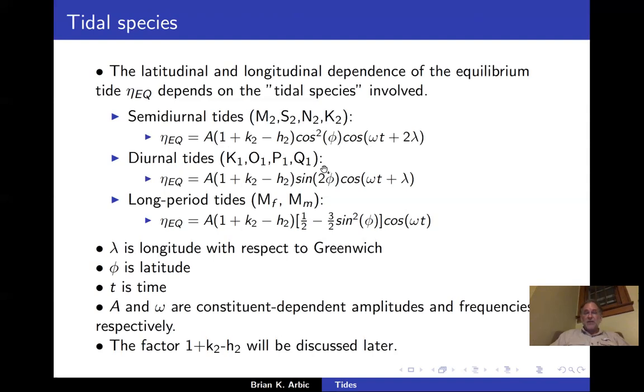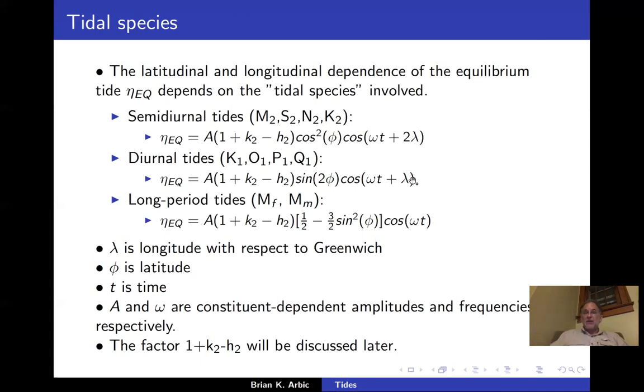For diurnal tides, it looks similar, but instead of cosine squared phi, it's sine 2 phi. And instead of twice longitude, it's only once longitude. What that means is that if you freeze time, because there's 2 lambda here, as you circle around the Earth you'll have 2 highs and 2 lows, like we talked about earlier.